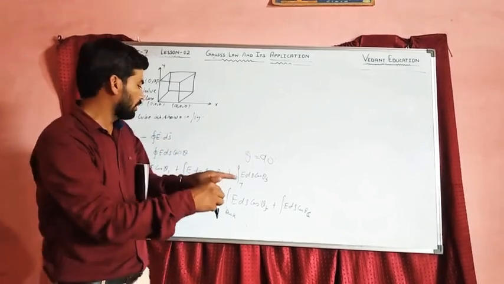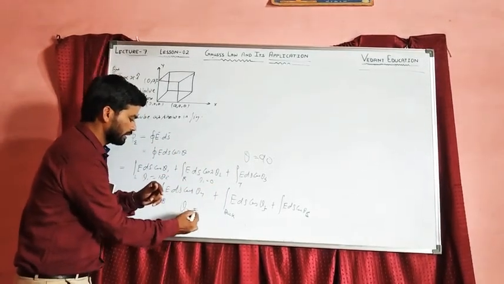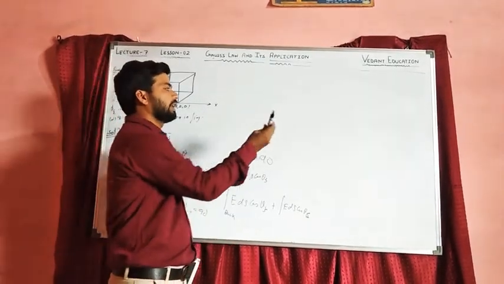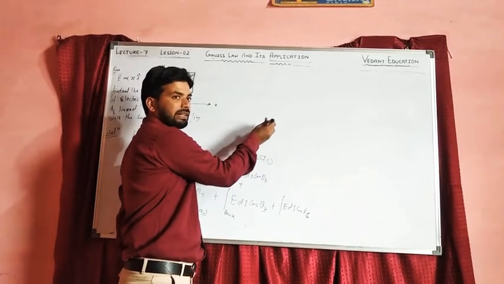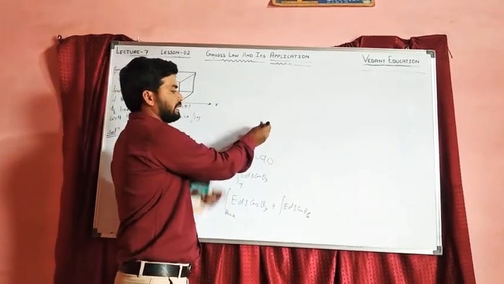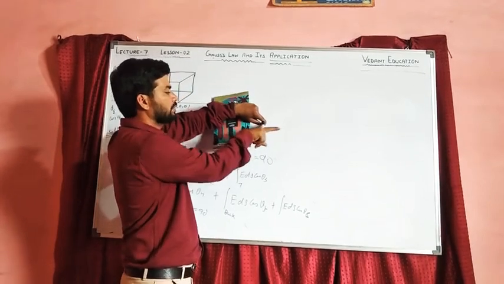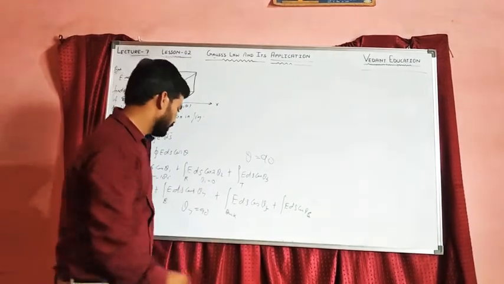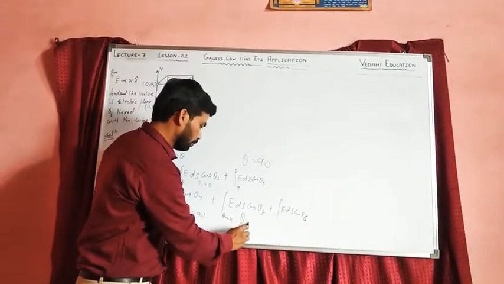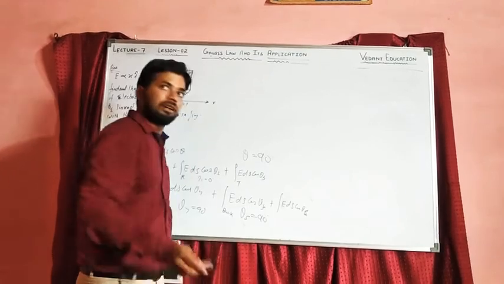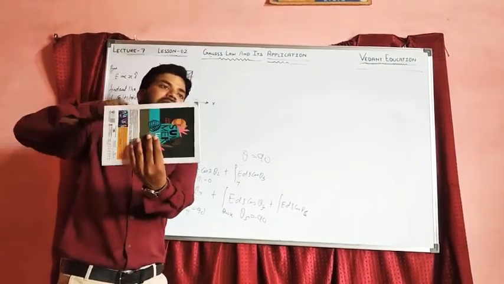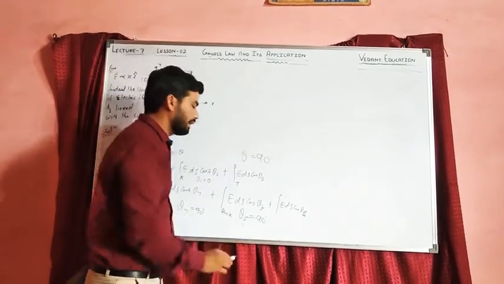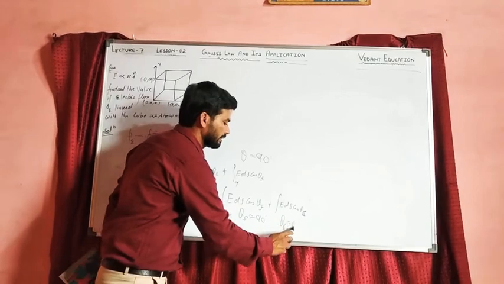So the angle is also 90 degree. Theta 4 is also 90 degree. Let's see these faces. If we plot the area vector of this face, and the direction of the electric field lines is this one, the angle between both of these is also 90 degree. So theta 5 is 90 degree. For this one, the electric field is along this one and the area vector will be this one, so both are at 90 degree. Theta 6 is 90 degree.